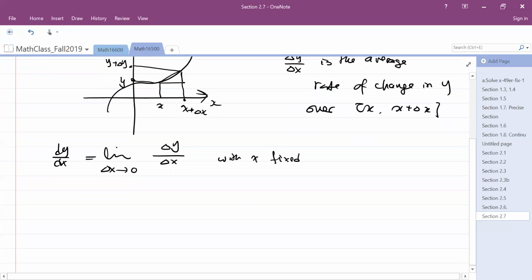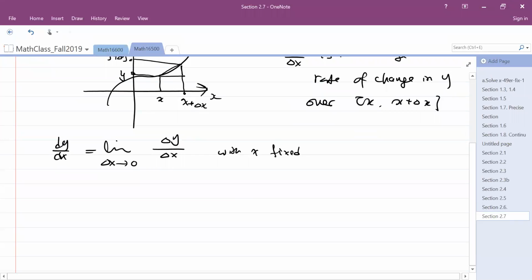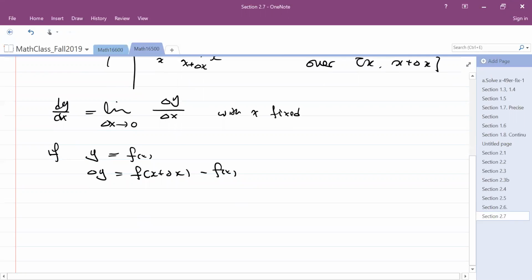Now if y is given by this formula, y depends on x, right? Then what is delta y? Delta y is the change of their values. So this is the delta y. So delta y over delta x is nothing but this.